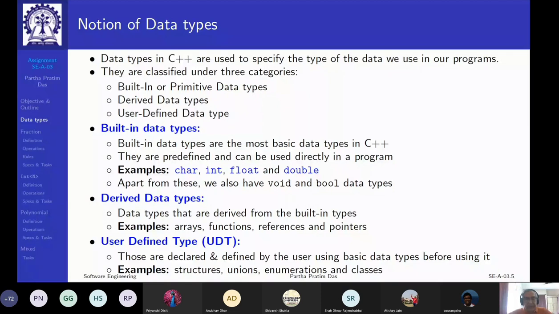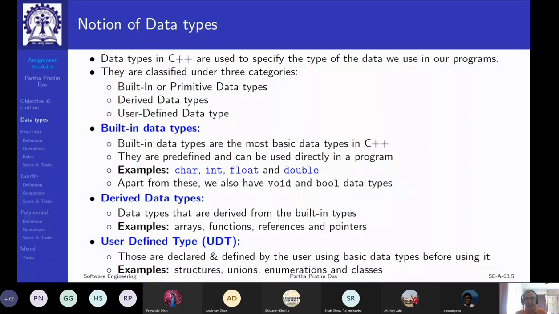Then we have a set of derived data types. That is, using these data types and using some constructs of the program, new data types get defined. So the derived types, which is a notion coming from C directly, include arrays.